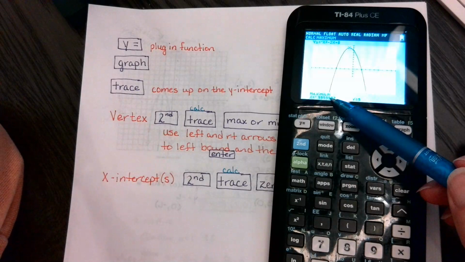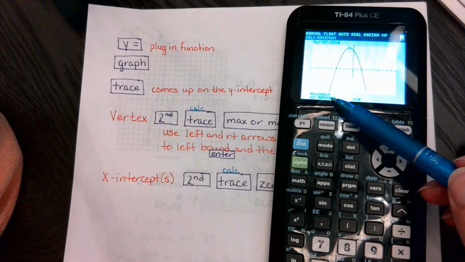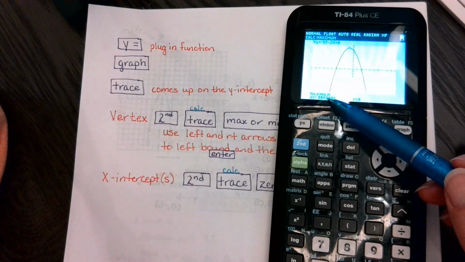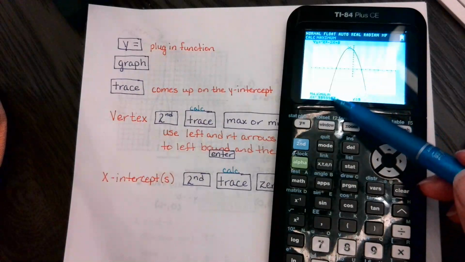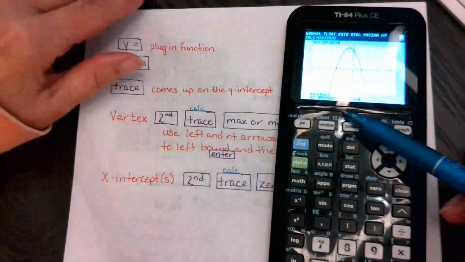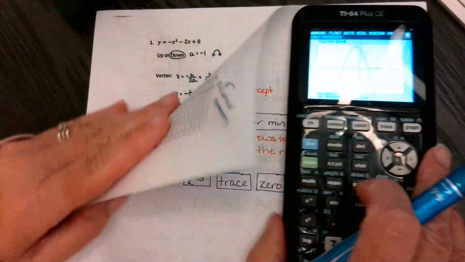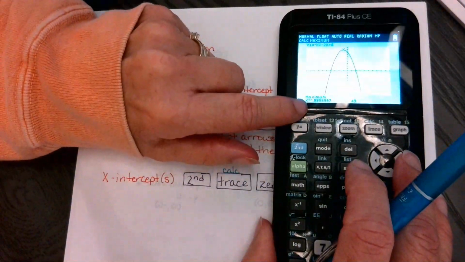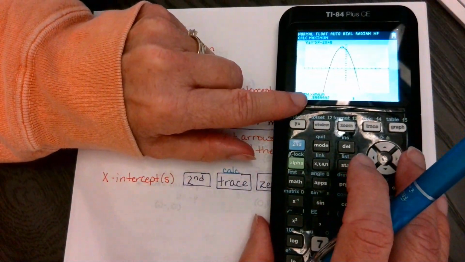Yours may have come up exactly at -1, 9. Yours may have come up with -1.00000002, something like that. The pixels are just too big. You need to double check this. Remember, we had it at -1, 9, right? So your calculator, this really is a -1.